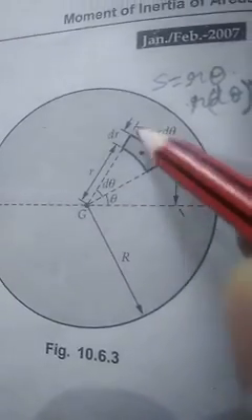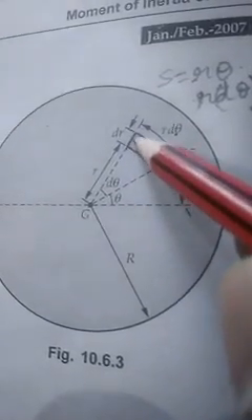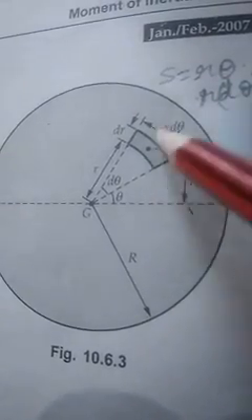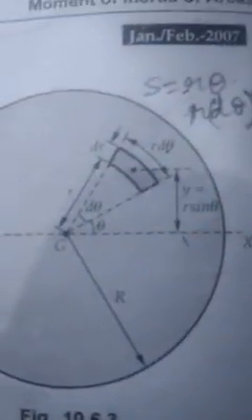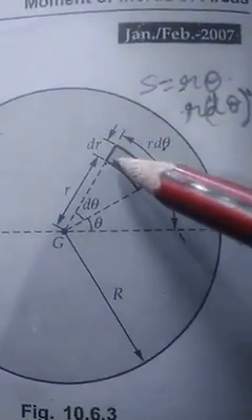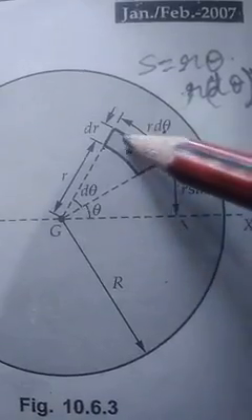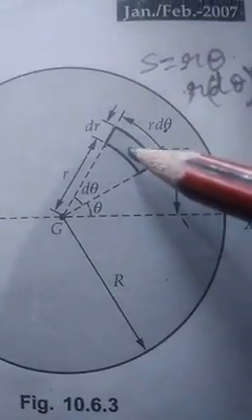For the smaller element, length is r d theta and width is dr, so you should consider this smaller element as a rectangle.